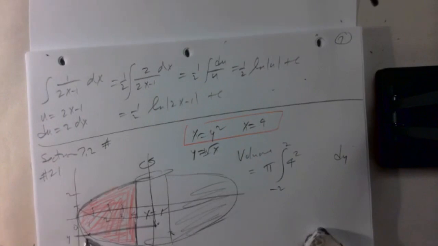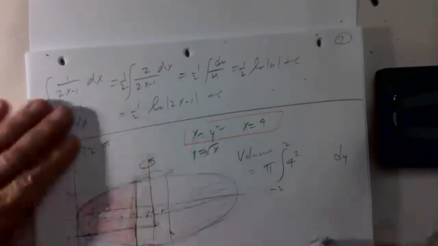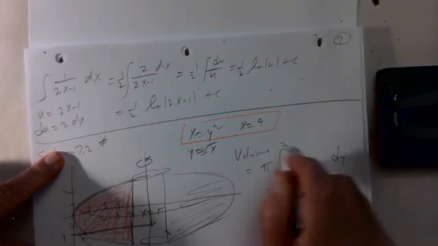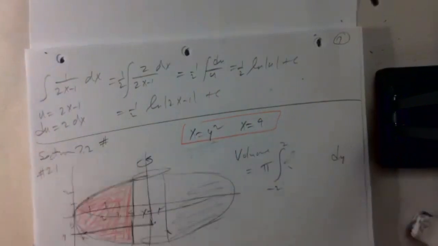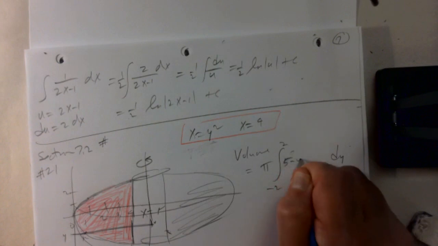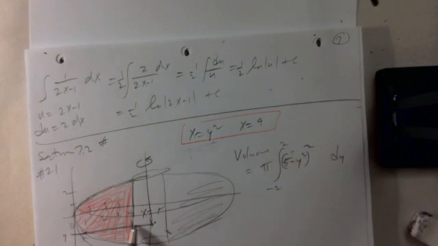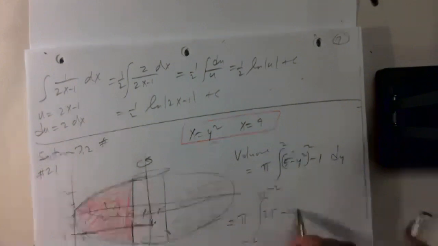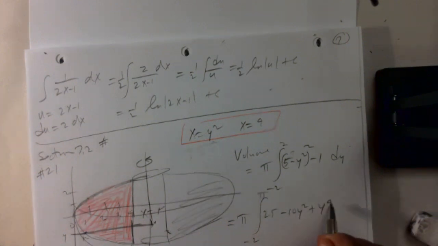For any given y, x is y squared, so this distance is 5 minus y squared. So from y squared to 5, that's (5 minus y squared) squared. And this inner distance is 1, so 1 squared. So this is pi times the integral from -2 to 2 of 25 minus 10 y squared plus y to the 4th, minus 1, which makes that a 24, dy.